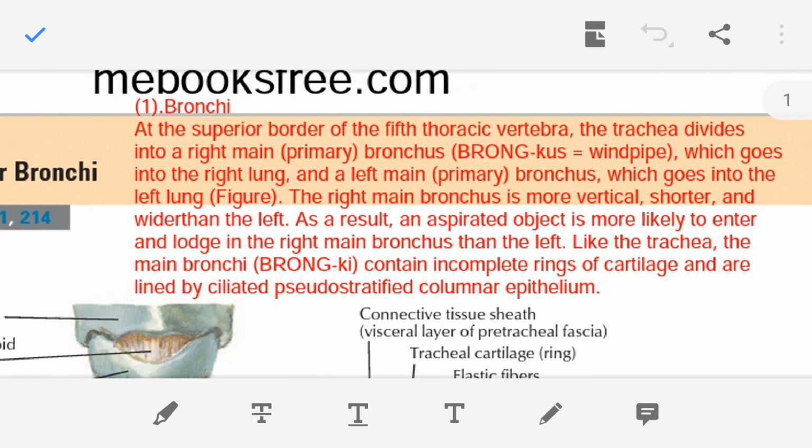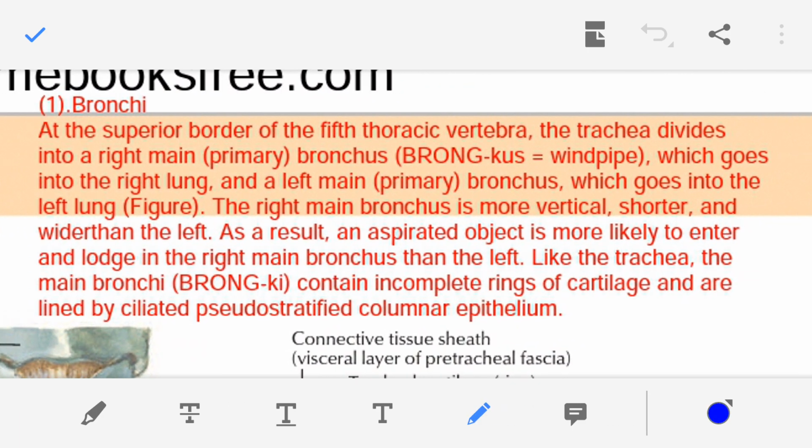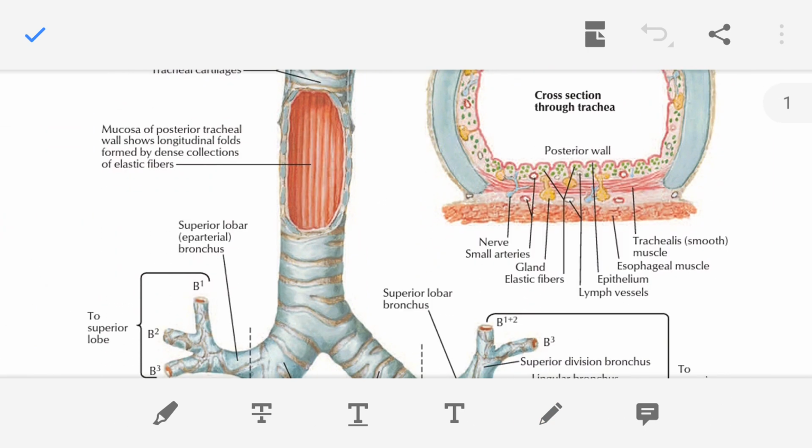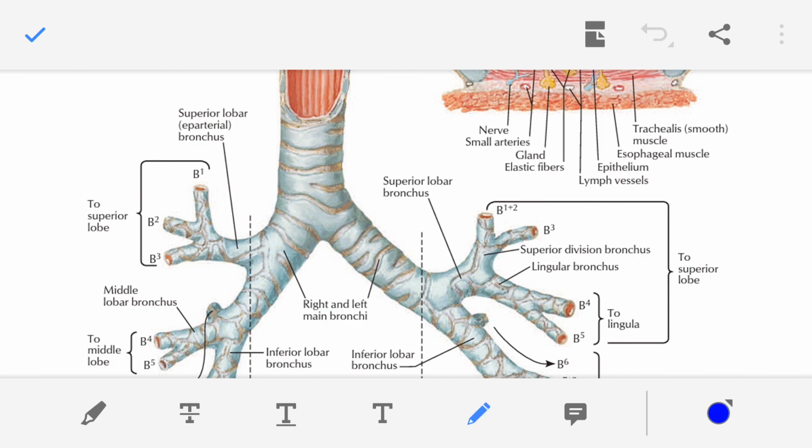As we have seen, the right main bronchus is more vertical, slightly upward, shorter, and wider than the left main bronchus. Once again I am showing you: this one is shorter, wider and more vertical than the left one.